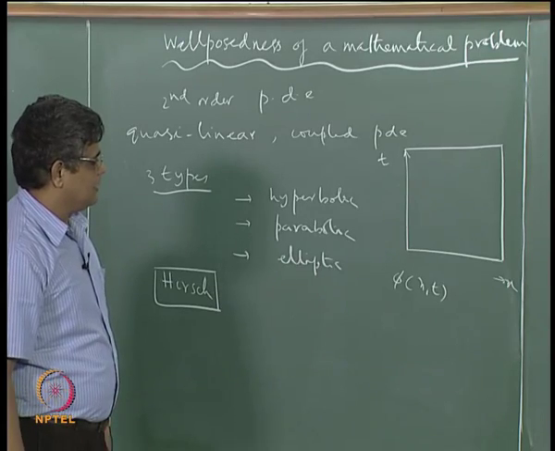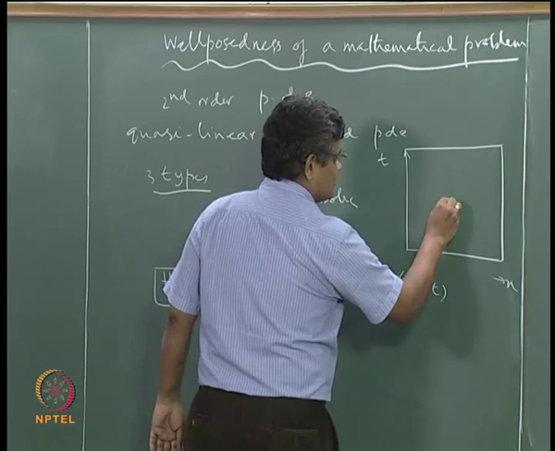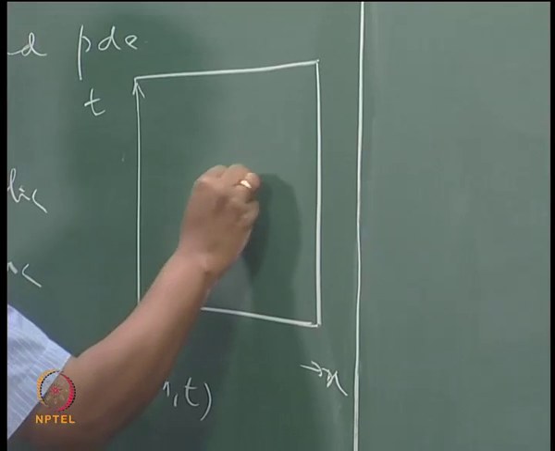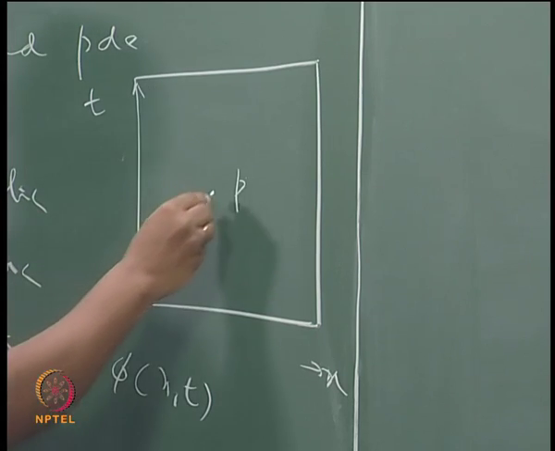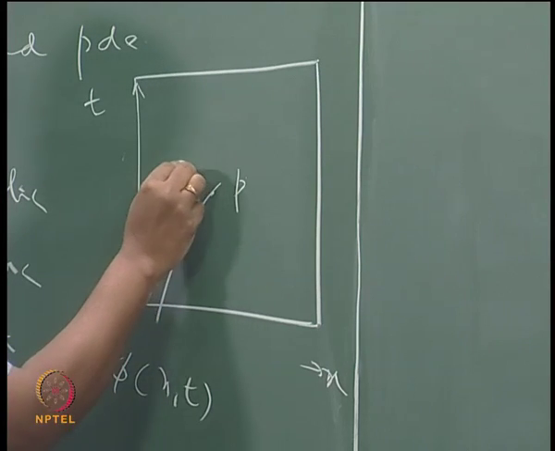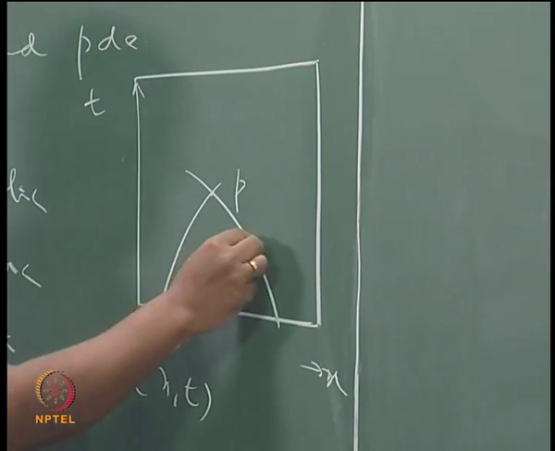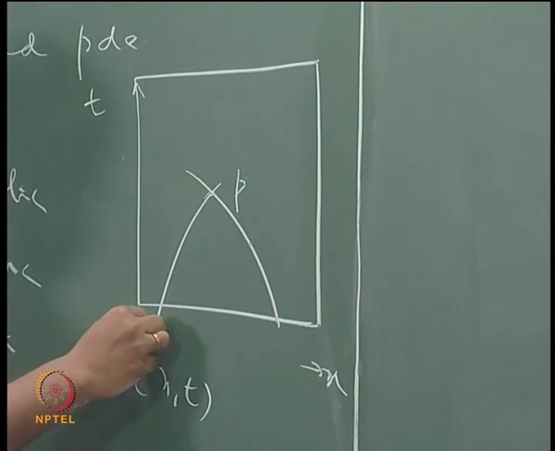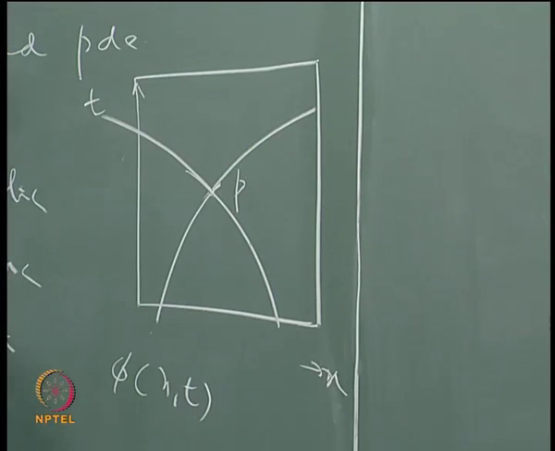If you are looking at a particular point P here, and it admits a wave like solution, we have two characteristic lines which are in general curved lines. These are the characteristic lines which pass through the point here and which, when extrapolated, go backwards like this and forwards in this direction.